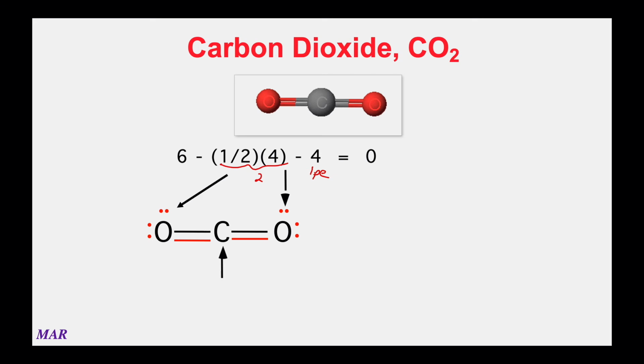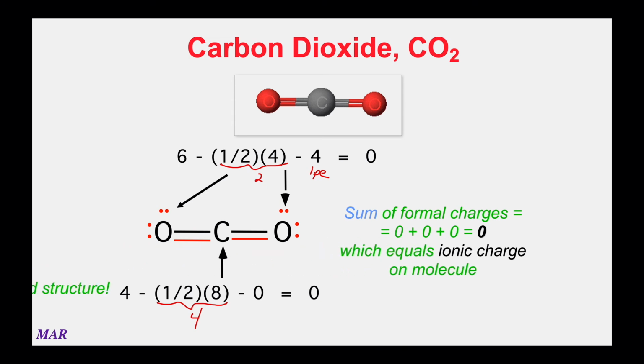The carbon, group 4 minus 1/2 of 8, or if you'd rather, and this is what I recommend, just count the number of bonds. There's 4 bonds and no lone pairs. Carbon's formal charge is equal to 0. So the sum of the formal charges, 0 plus 0 plus 0 for all 3 atoms equals 0, and that's good. CO2 is neutral. This is a good structure.